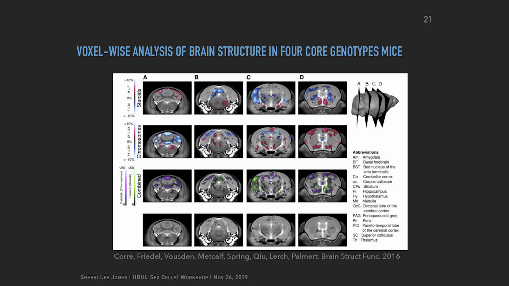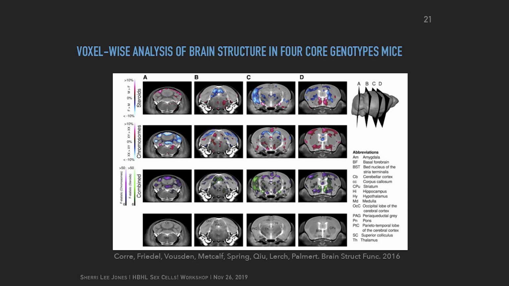So they basically used high-field MRI and did a voxel-wise whole brain analysis of brain structures in the four core genotypes mice. So this is a mouse brain, and these are different slices throughout the mouse brain, so A, B, C, D. So we're going from like the cerebellum to the forebrain, and so that's just represented here. A corresponds to A, B corresponds to B, as you're going through the brain.